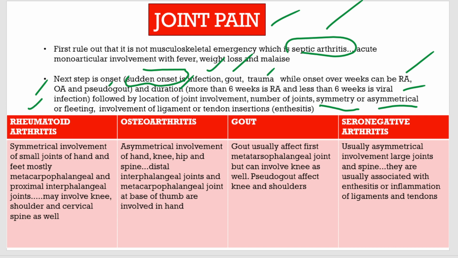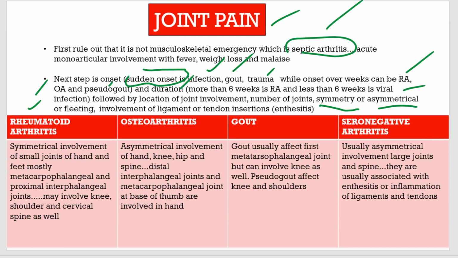We'll ask about the fleeting nature of the involvement, which means that if the patient has pain in the hand joints one day and the next day has pain in the knee joints, that is called fleeting involvement of the joints, which is characteristic of some diseases. Joint involvement in rheumatic fever has a fleeting kind of involvement.